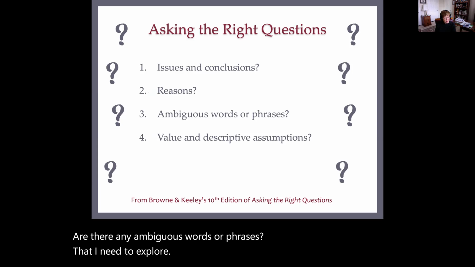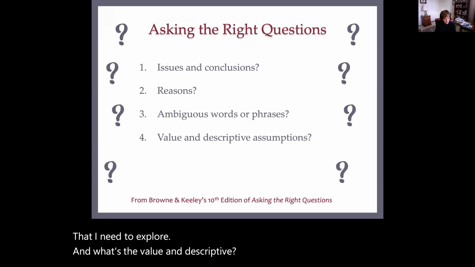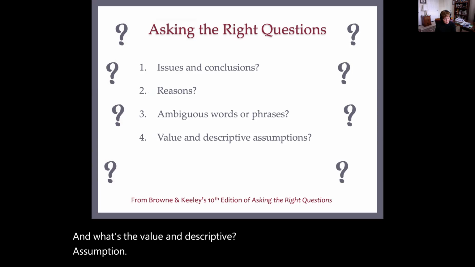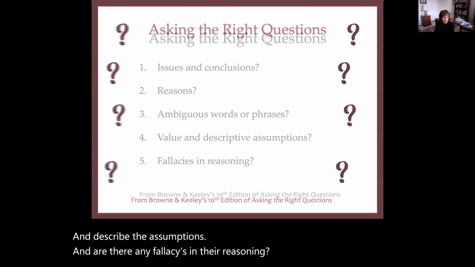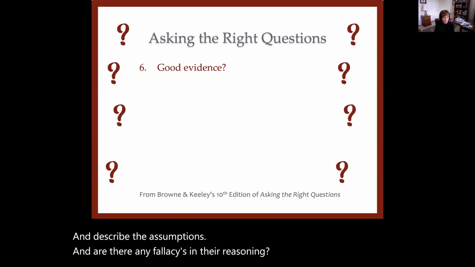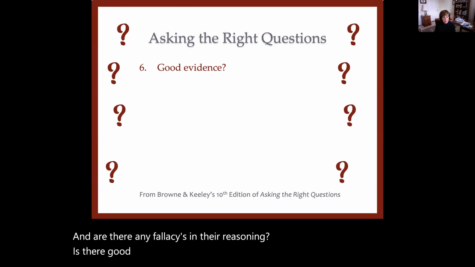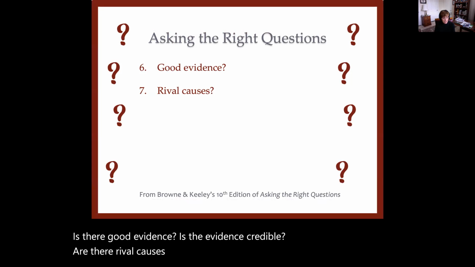And what's the value and descriptive assumption? What is the value of the assumption? And describe the assumptions. And are there any fallacies in the reasoning? Is there good evidence? Is the evidence credible? Are there rival causes that I need to investigate?